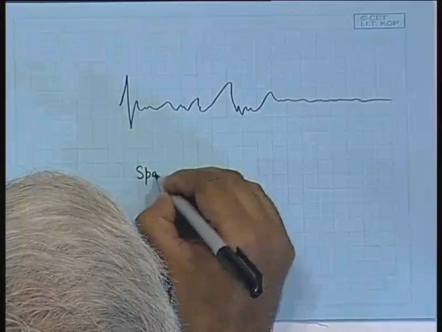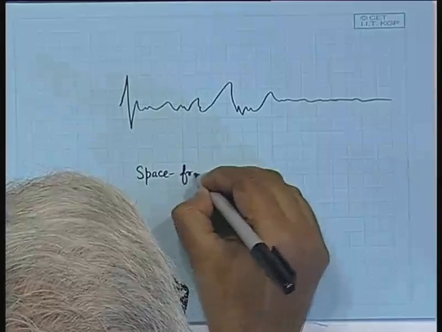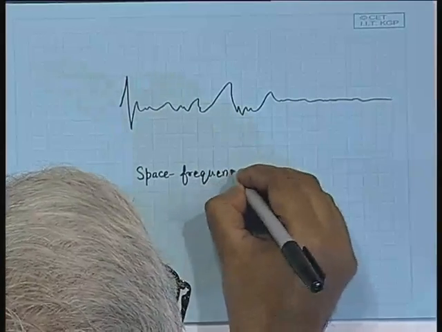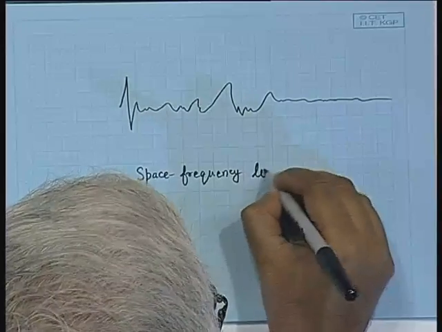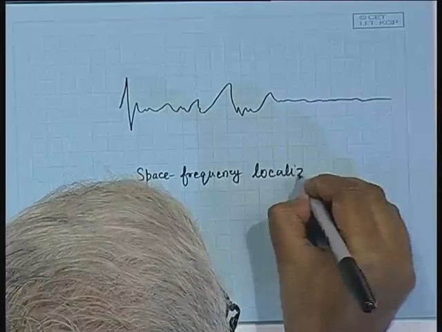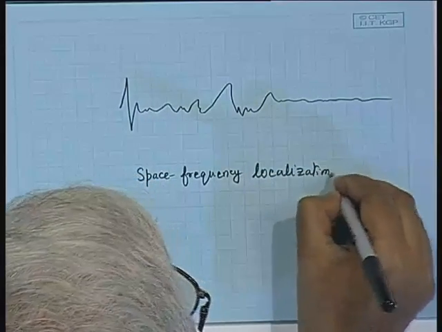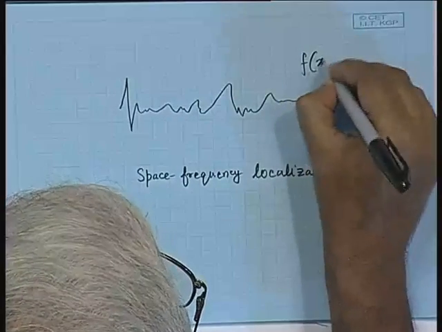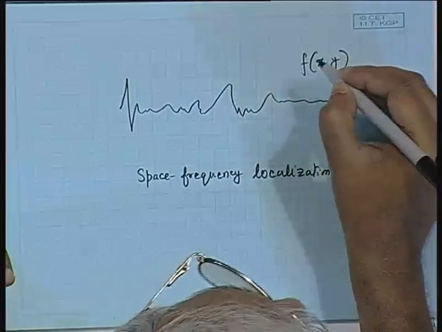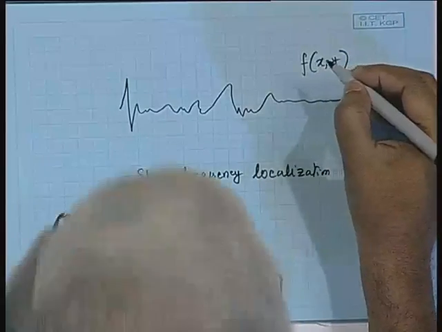So, we have to go in for some technique where the localization will be better, and in this case we are talking about space frequency localization. Why space frequency? Because our signal for images is represented as f of x y, a two variable signal, x coordinate and y coordinate.